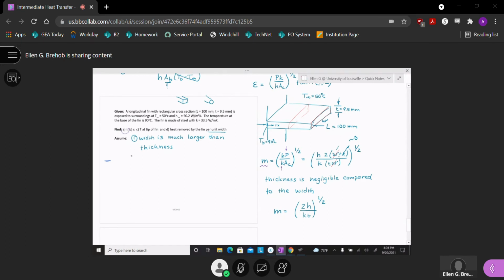But as I start thinking about it, assumptions, let's hit these. When we talked about fins, we're always looking at steady state conduction through the fin. Always constant properties.